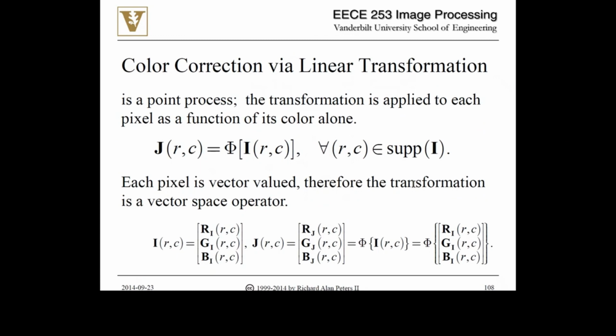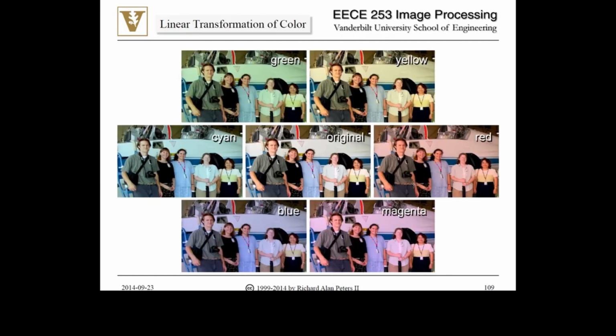We could apply a different transformation to each one of the channels, or we could apply the same transformation to the RGB code of that. So the transformation can be the same or can be different for each one. For instance, let's say that we have this original image and we want to make it more green, more yellow, more red, more magenta, whatever.